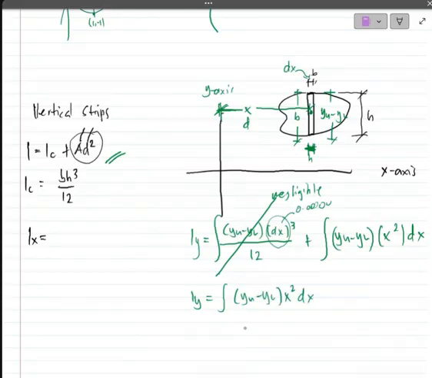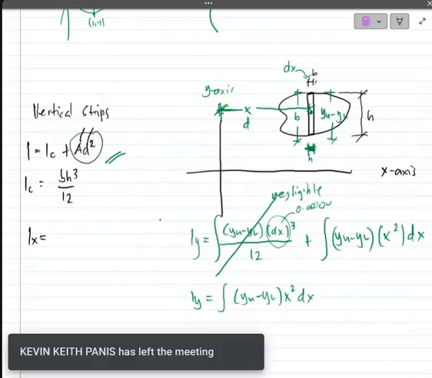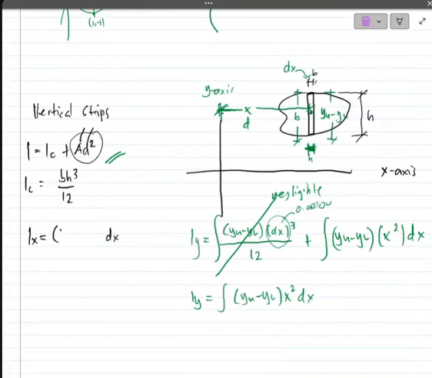Now for Ix, if we take the moment of inertia about the x-axis, our height is dy upper minus y lower. So following the formula for IC, the base is dx. Then our height is y upper minus y lower, cubed all over 12, plus the transfer moment by x.